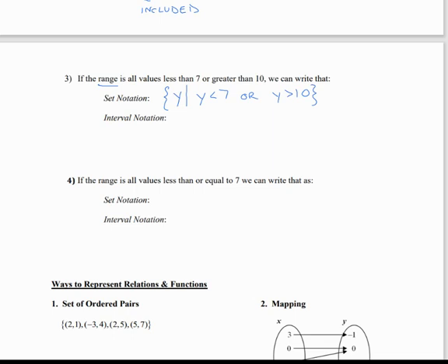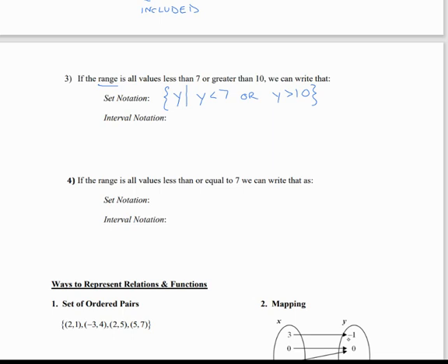So again, for set notation, pretty straightforward in the fact that you just take the statement and write it using our inequality symbols. For interval notation, again, we're going to use those parentheses or brackets. Now this one is a little bit different because we're talking about all values less than 7, not in between 7 and 10.